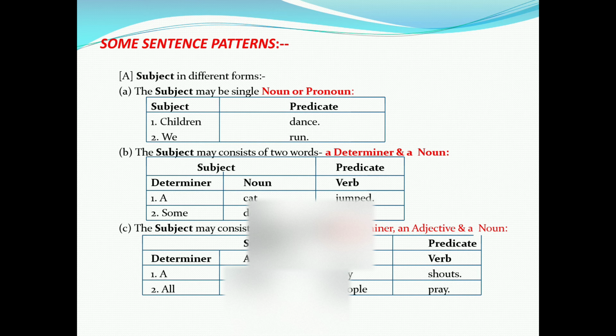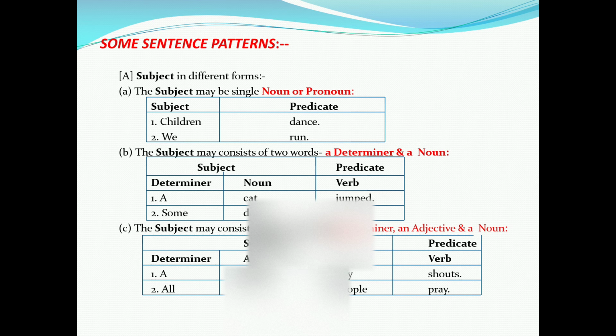Similarly, another example. Some dogs barked. Here some is a determiner, dogs is a noun and barked is a predicate because barked is a verb. तो सब्जेक्ट यहाँ पे determiner और noun के साथ combined form में भी आता है.